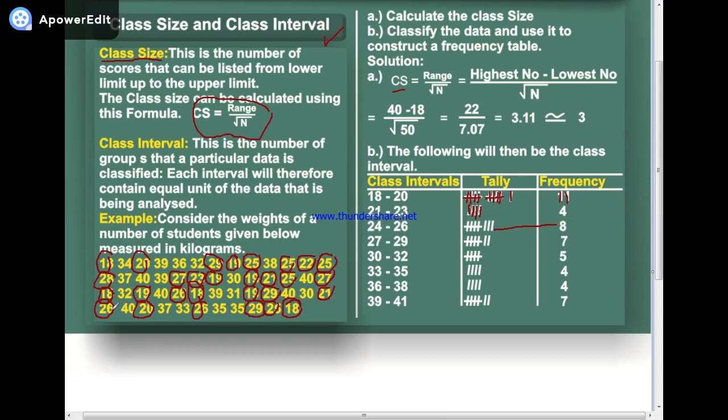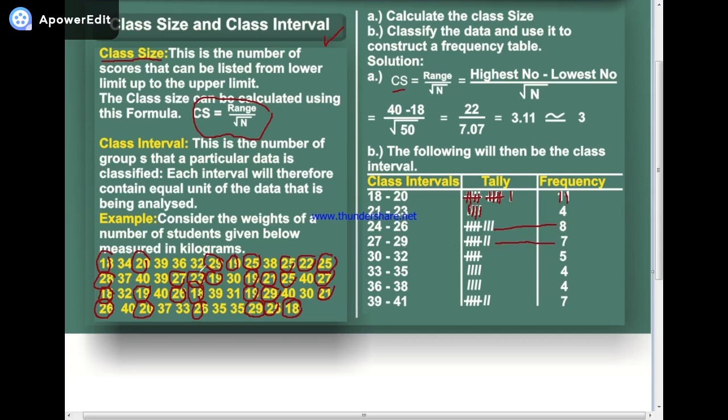No, 26 is not there. 29 again, that is 6. So I think the mistake is from the question, but let's proceed. We will discover it later. Let's assume our 27 to 29 is 7. Now let's move to the next section, which is 30 to 32.